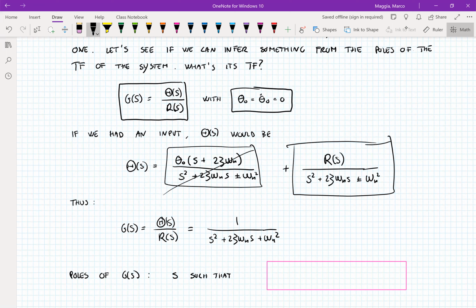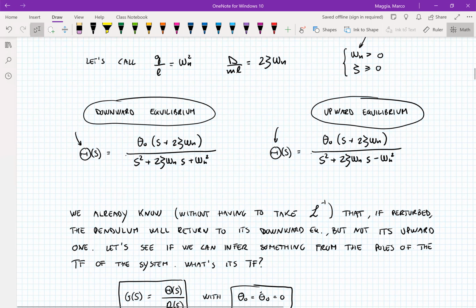Now, you see that here the denominator of g of s, so the poles of g of s, happen to be the same as the poles of theta of s.